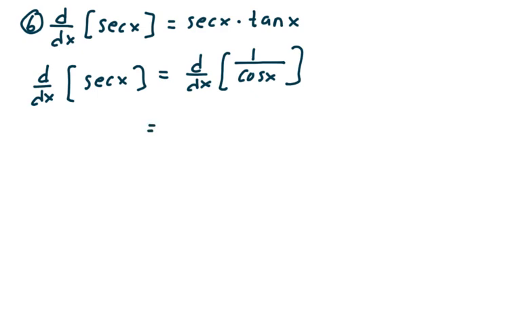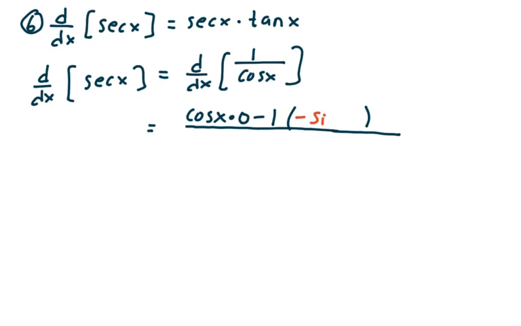But this is quotient rule, right? So we're going to take the bottom times the derivative of the top, but the derivative of the top is 0, minus 1 times the derivative of the bottom, but the derivative of the bottom is negative sine of x.